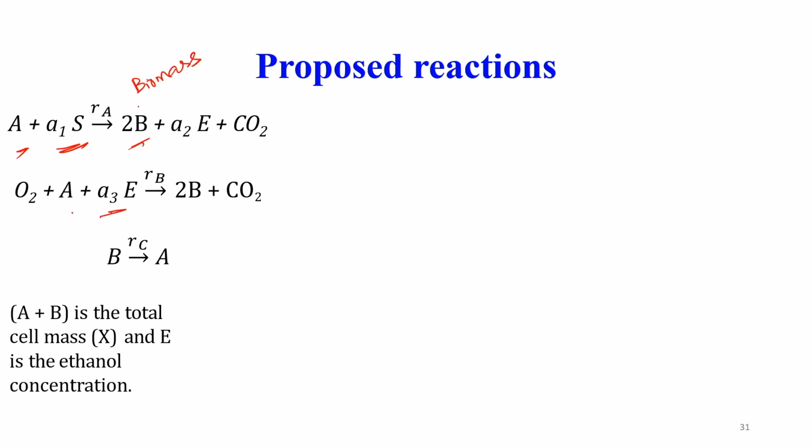Then further, A mass is again converted to B mass, but what is the difference here? Here there is no substrate.